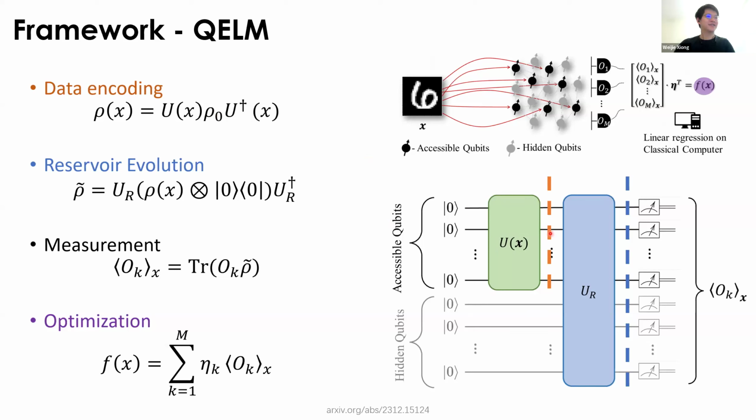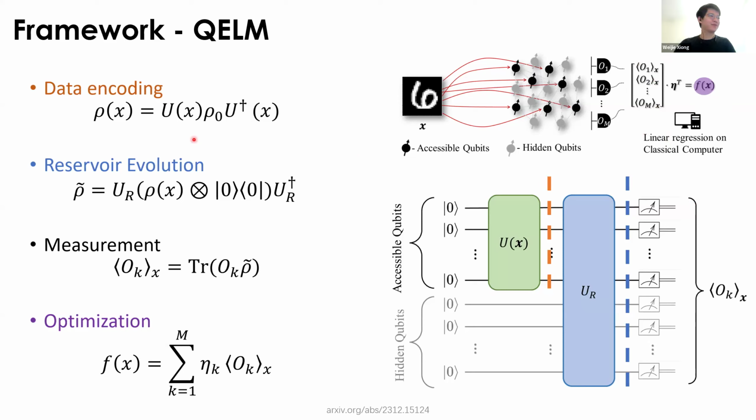Then the state of the composite system, rho x tensored with the 0 state of the hidden qubits, will evolve under the dynamics of the reservoir UR. Then we obtain M classical outcomes from M observables. In the end, the optimization is just a linear regression on these M classical values, similar to the classical case.